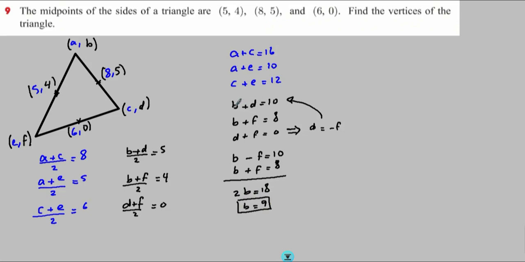Now, if you look at the first equation, B plus D equals 10, and we know that B is 9, so 9 plus 1 equals 10. This gives us that D equals 1. But D equals negative F, or you can say that F equals negative D. Therefore, F equals negative 1.